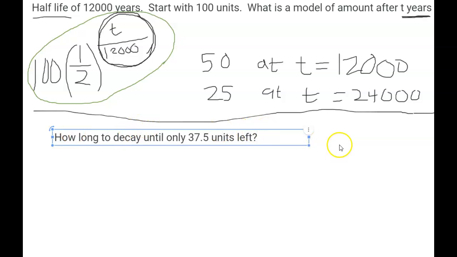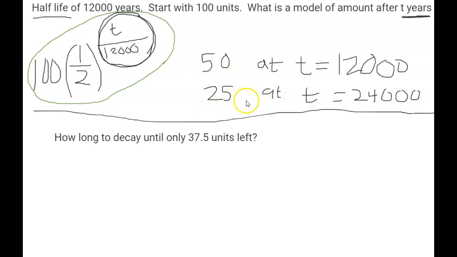Now, I picked 37.5 because it's the average of 50 and 25, right? 50 plus 25 is 75. 75 divided by 2 is 37.5. I don't ever want you to say the time is the average.